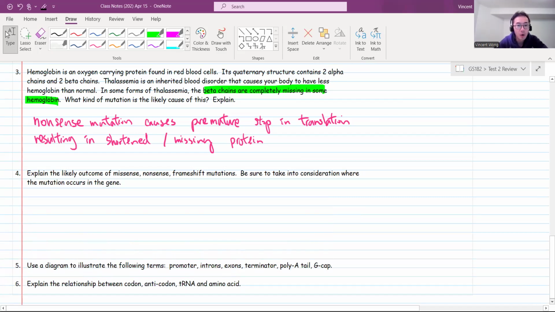Explain the likely outcome of these mutations. Be sure to consider where it occurs. Okay, so missense, let's talk about missense.